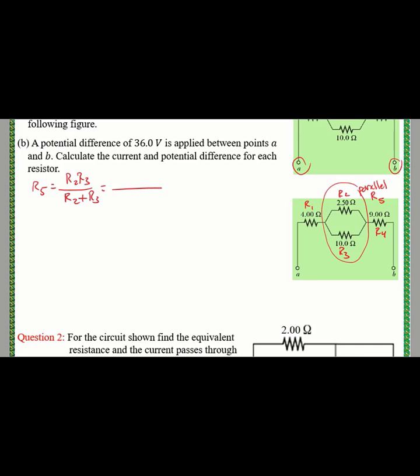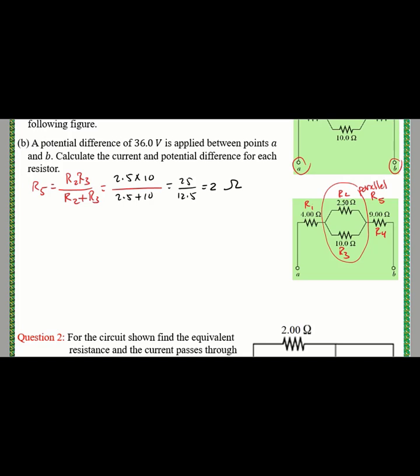So 2.5 multiplied by 10 over 2.5 plus 10, 25 over 12.5, it is 2 ohms.